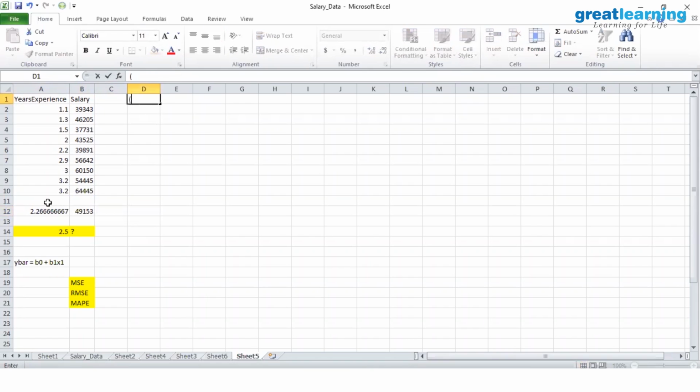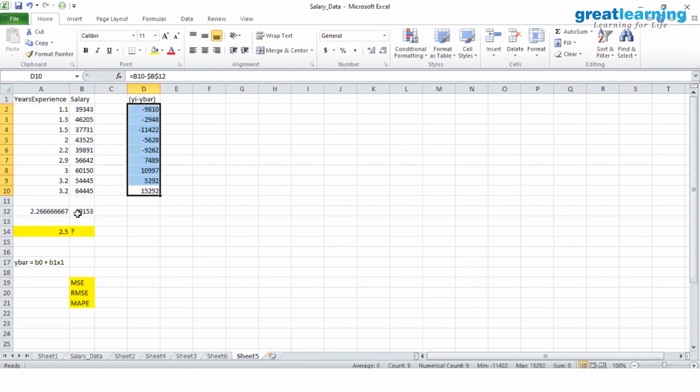Now I want to compute yi minus y bar. Yi is this variable, and y bar is the average. Press F4, which locks the variable, and copy-paste the formula to all the cells.